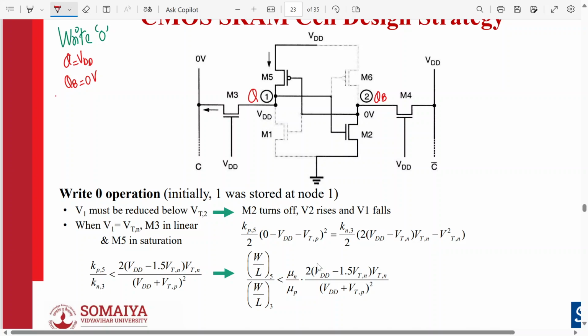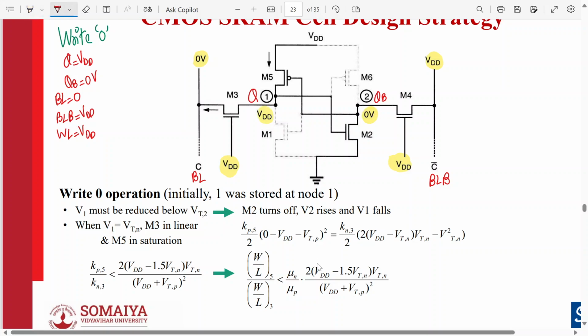So bit line we make it 0 and bit line bar we make it VDD. This is basically bit line, this is basically bit line bar. And word line is also VDD. So here you can see word line is VDD. This is VDD, this is 0.